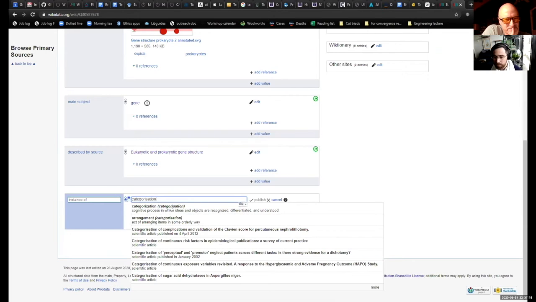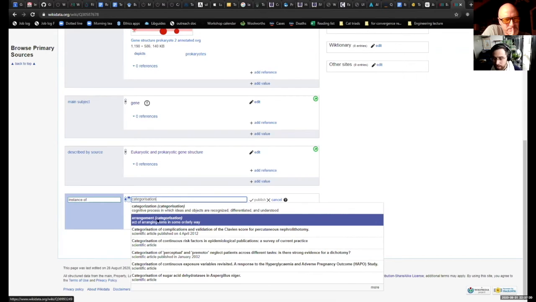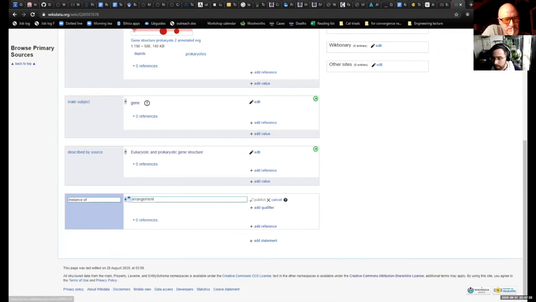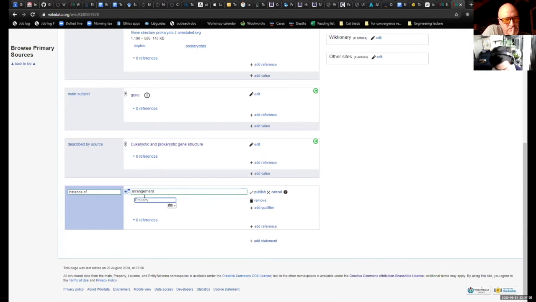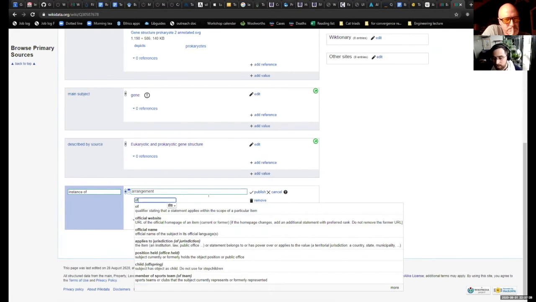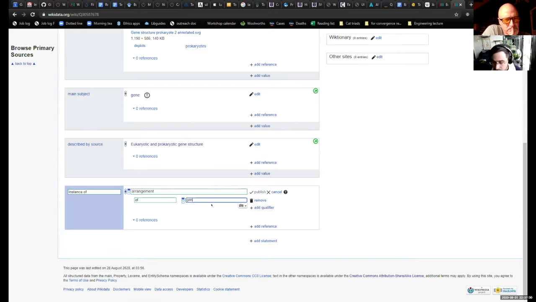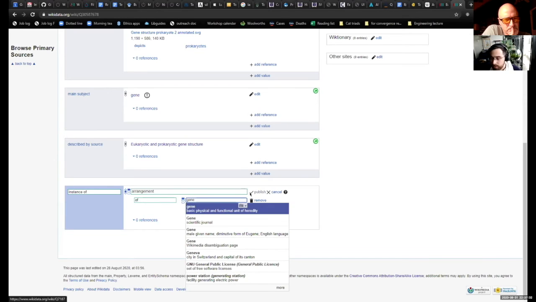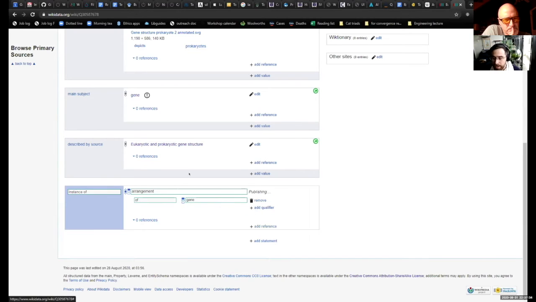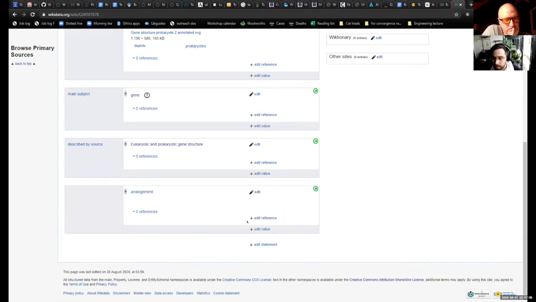Yeah, cognitive process by which arrangement. Yeah, act of arranging things in an orderly way. Yeah, that's fair enough. And I'm going to add the qualifier of a gene. So that's how we're going to sort of vaguely describe this item.